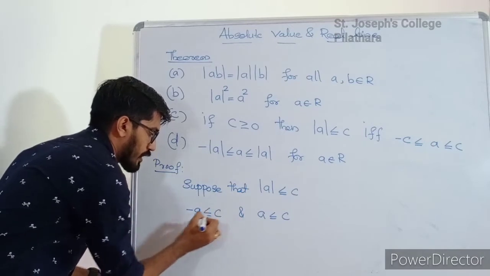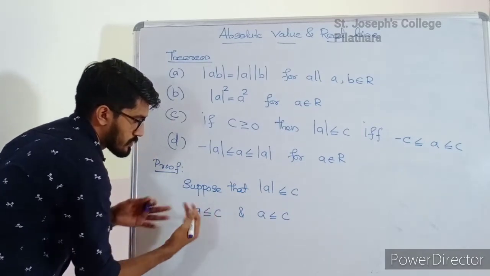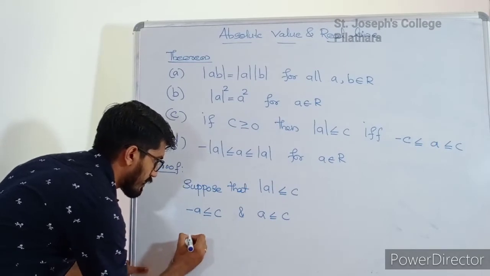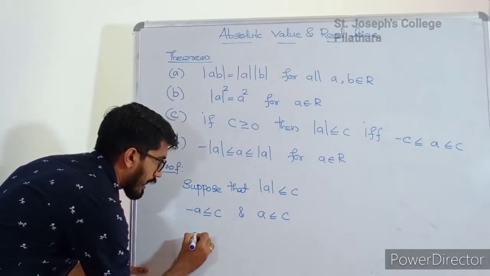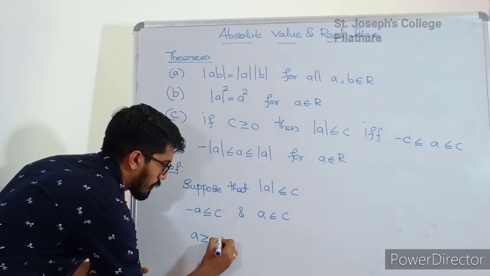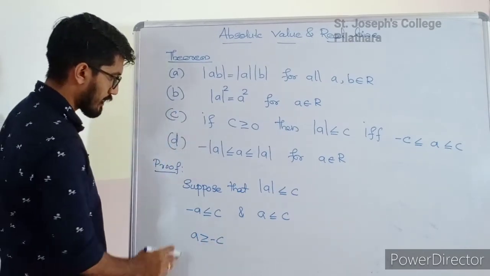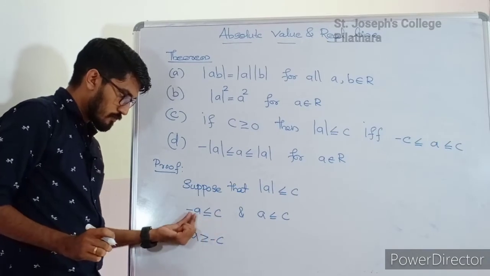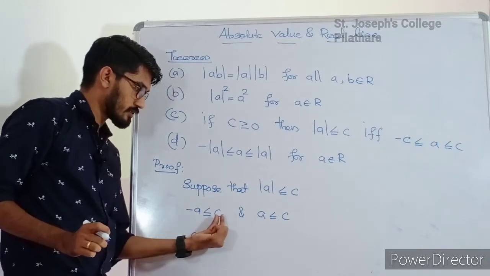Multiplying minus 1 on both sides, interchange minus on this side.